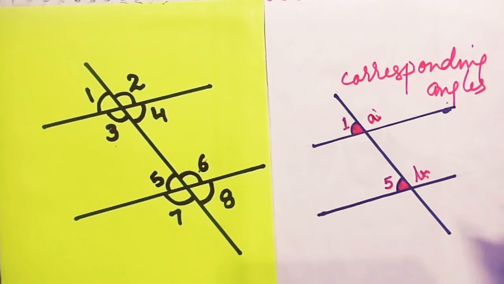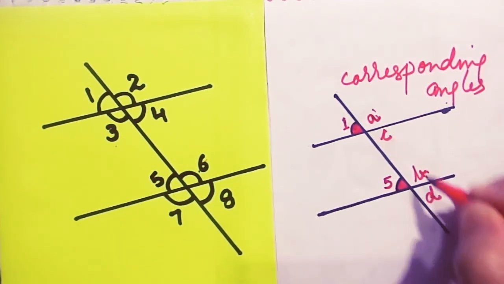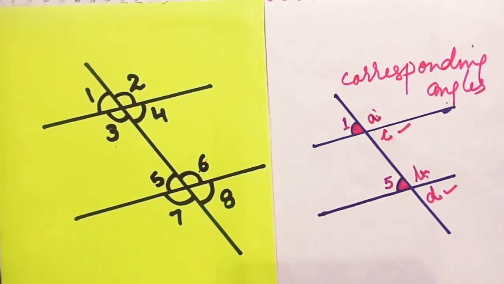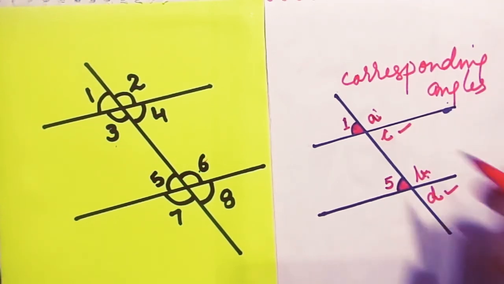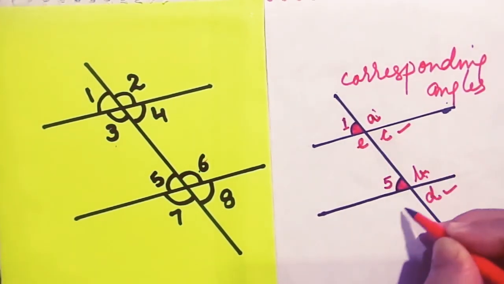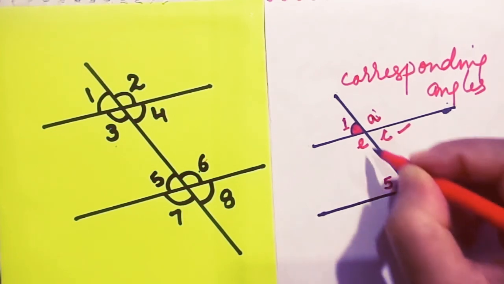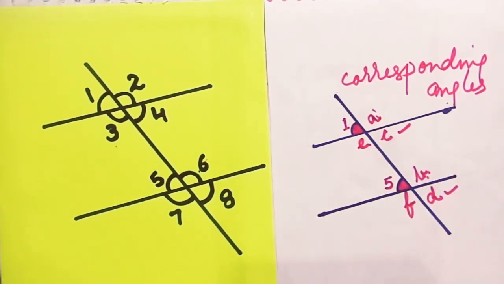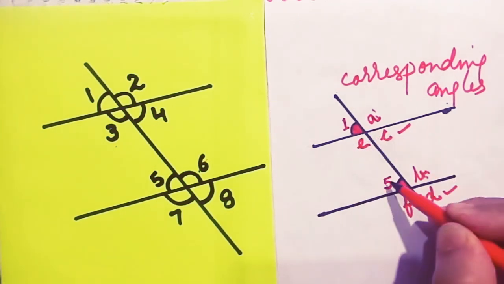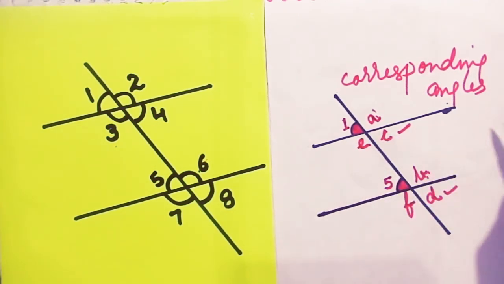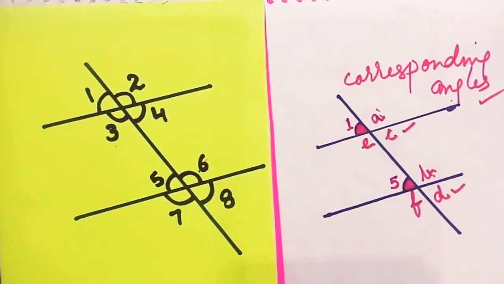Or here C and D, they are also corresponding angles. Similarly, E and F are also corresponding angles. Clear? But here 1 and 5 have been given, so they are corresponding angles, isn't it?